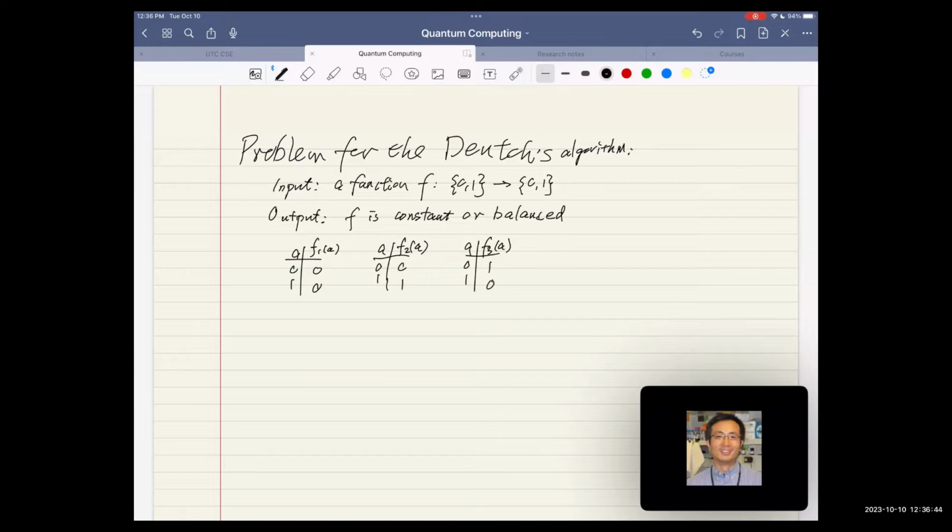Then 1, 0, and 1, 1. In this case, constant means these two are constant. The last one is constant because this is just binary, and the middle two, we call balanced.